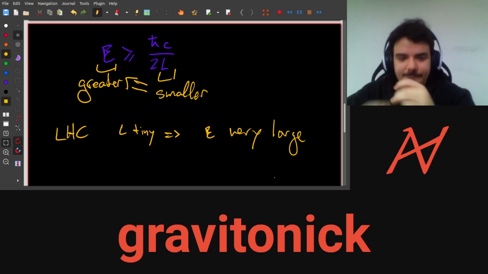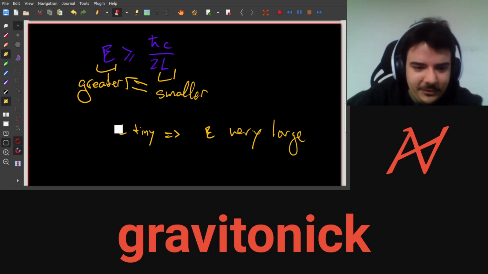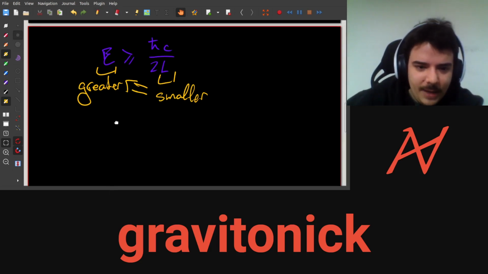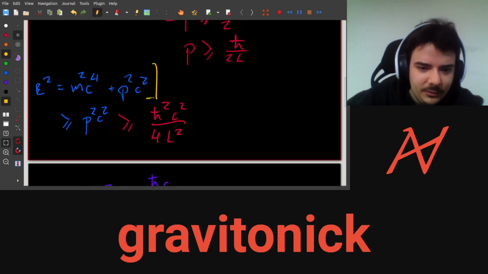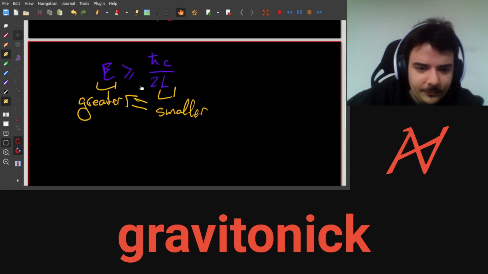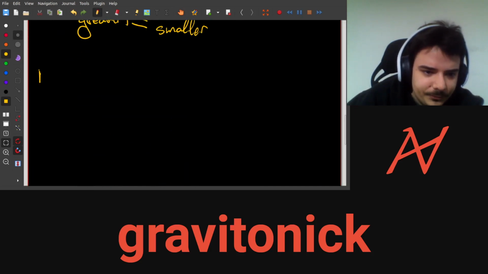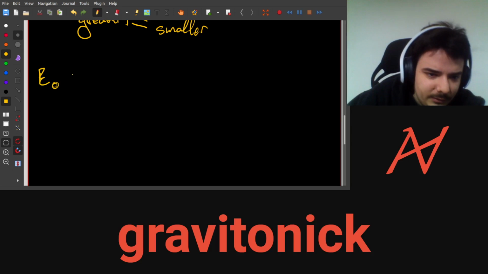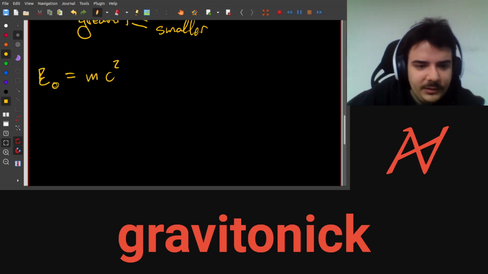But something that is curious in here is that we can go back to this equation in which E squared equals m squared c to the fourth plus p squared c squared, because you see, at rest, we have that E equals mc squared, which means that the energy of a rest particle, a particle that is not moving, is mc squared.